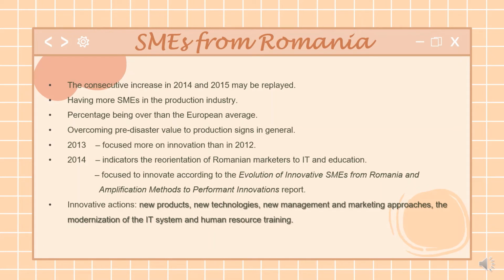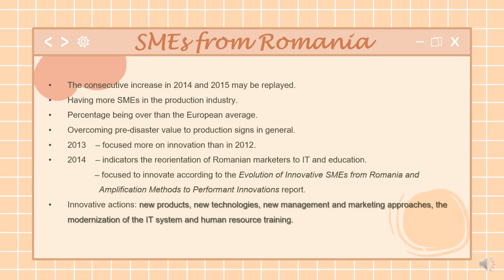In 2013, SMEs from Romania focused more on innovation than in 2012. Then, 2014 became the indicator of a reorientation for Romanian marketers to IT and education to the detriment of agriculture.